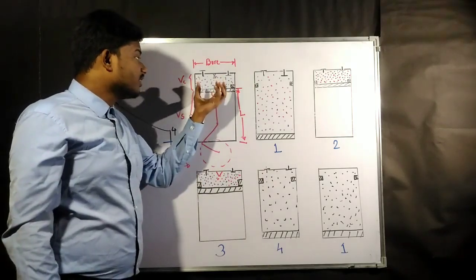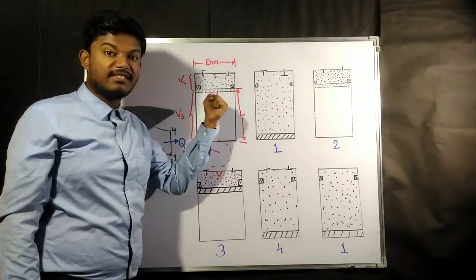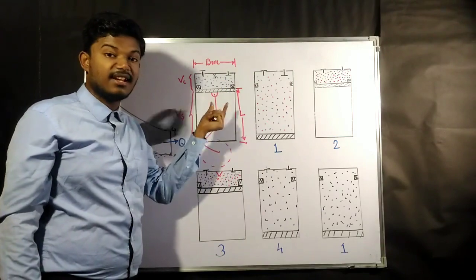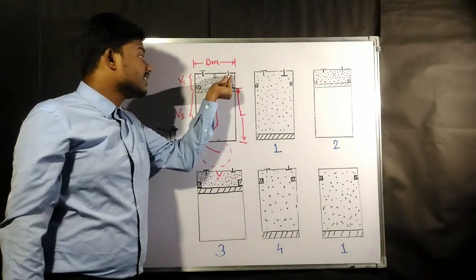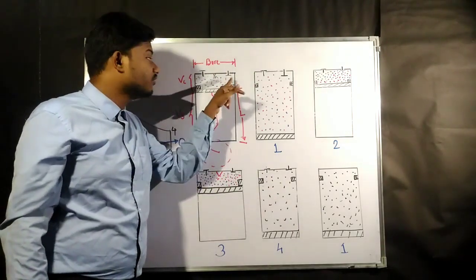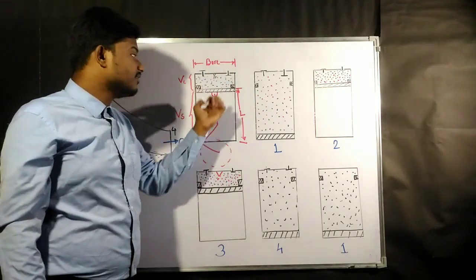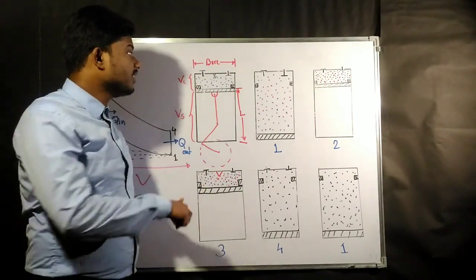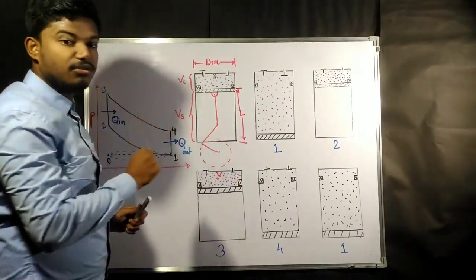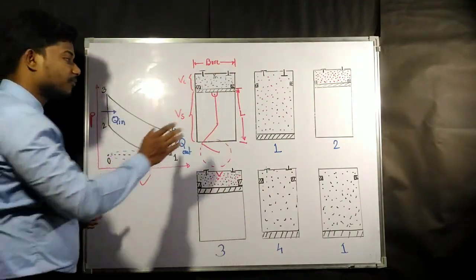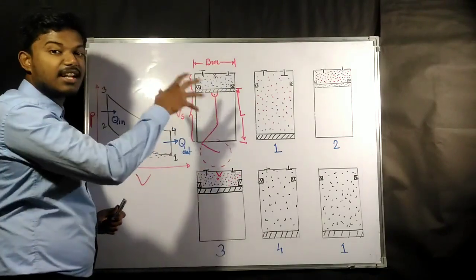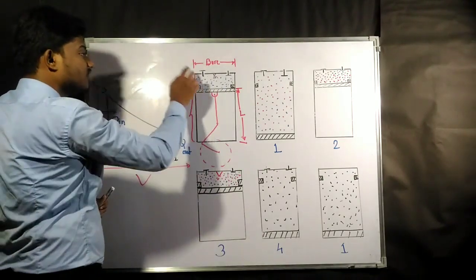So when the force developed due to the pressure inside the cylinder is high enough to overcome the spring force of that inlet valve, then this valve opens, and while the valve is open, the air-fuel mixture comes into the cylinder. Inside that, combustion takes place, and after that, exhaust takes place.